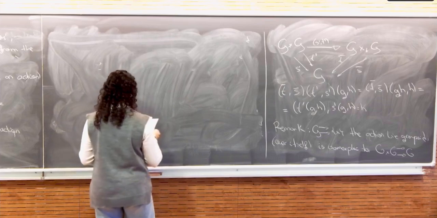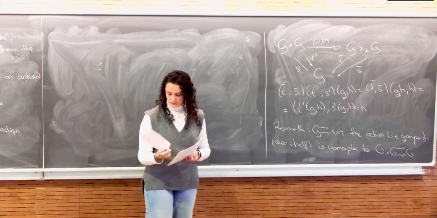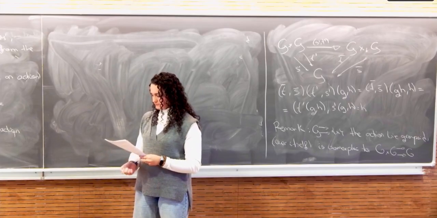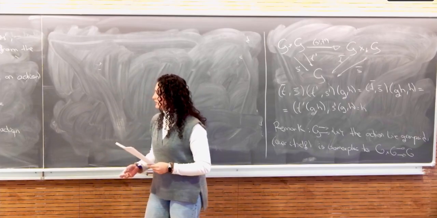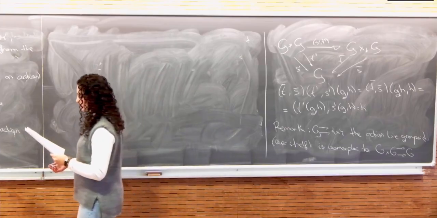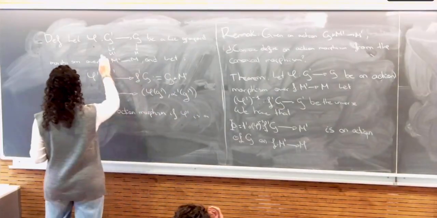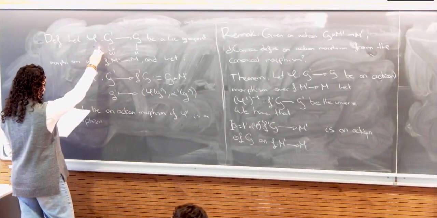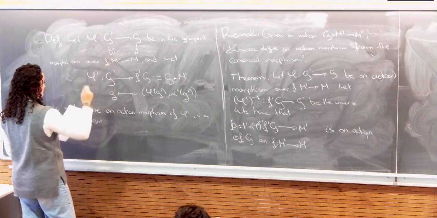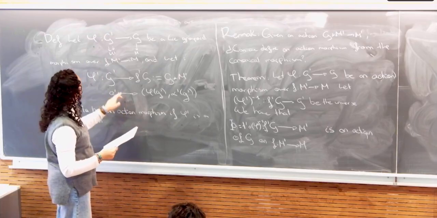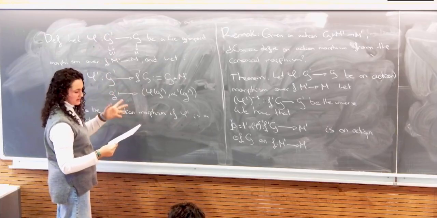I think there's no time for the proof, but the idea is that if we restrict this map to the fibers, the source fibers, then since this is a diffeomorphism, this implies that the restriction is bijective.